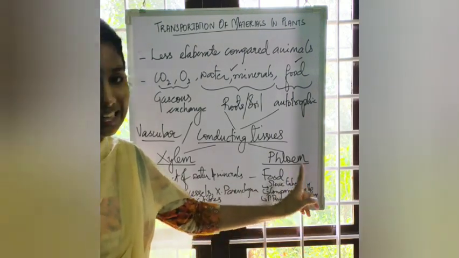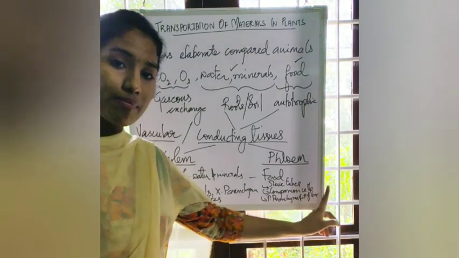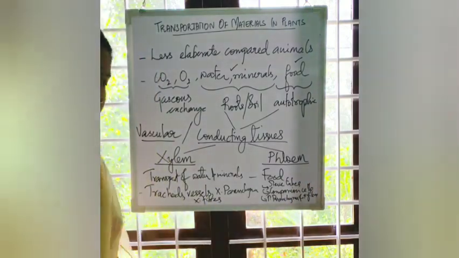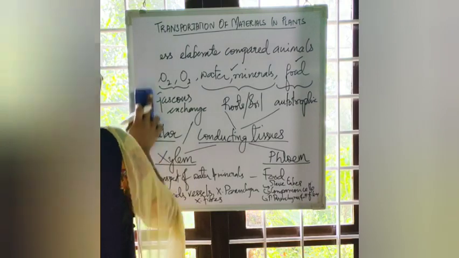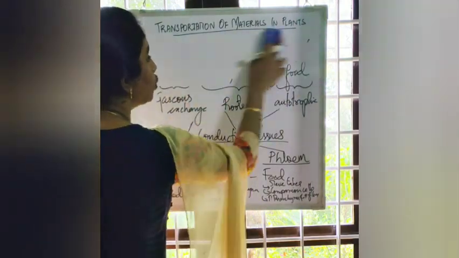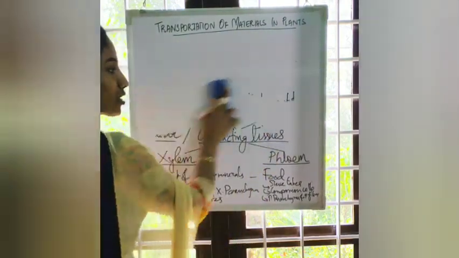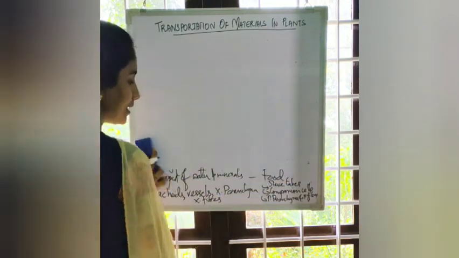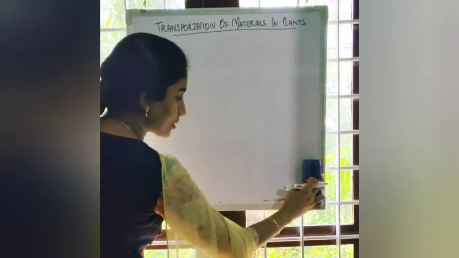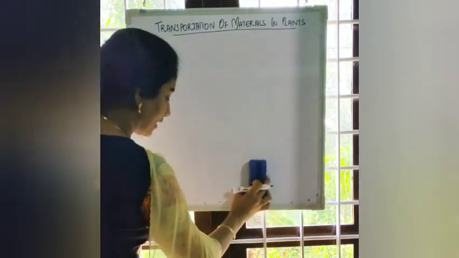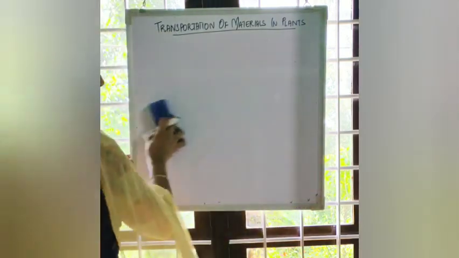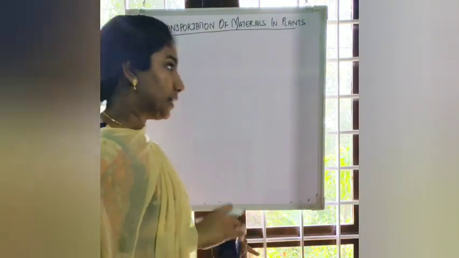In case of phloem, it is sieve tubes, companion cells, phloem parenchyma and phloem fibers. Now, as I told earlier, there are two main pathways in the transportation of materials in plants. First, transportation of water and minerals, and second, transportation of food. We'll look into each one separately.